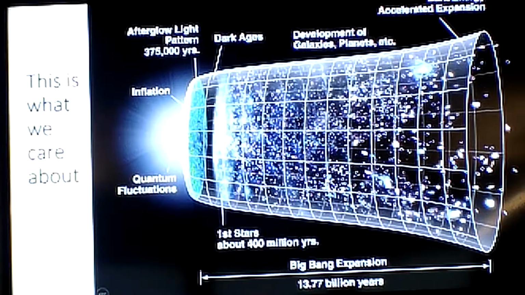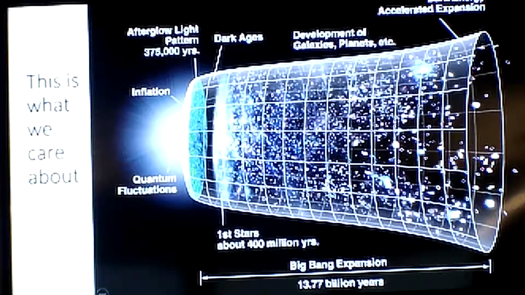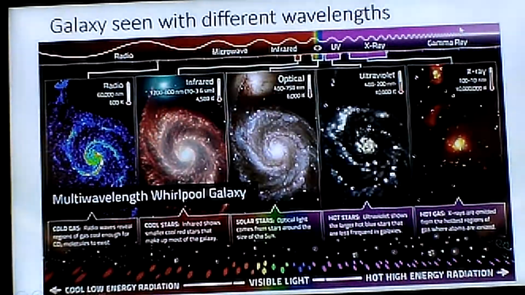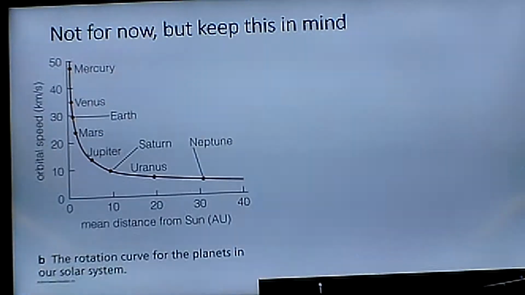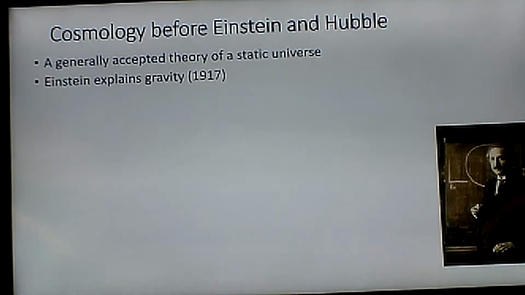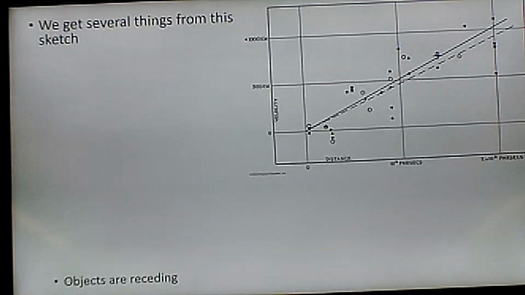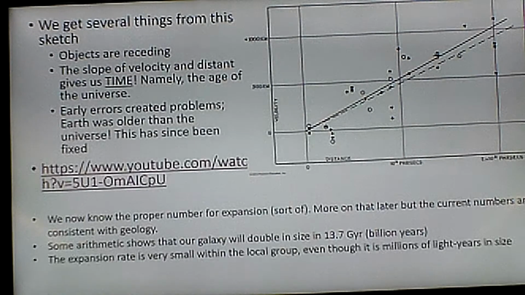So remember I said back here where this shape was changing? That reflects the idea that not only is the universe expanding, but the rate of expansion is accelerating. So let's go back to the graph I was just showing you.